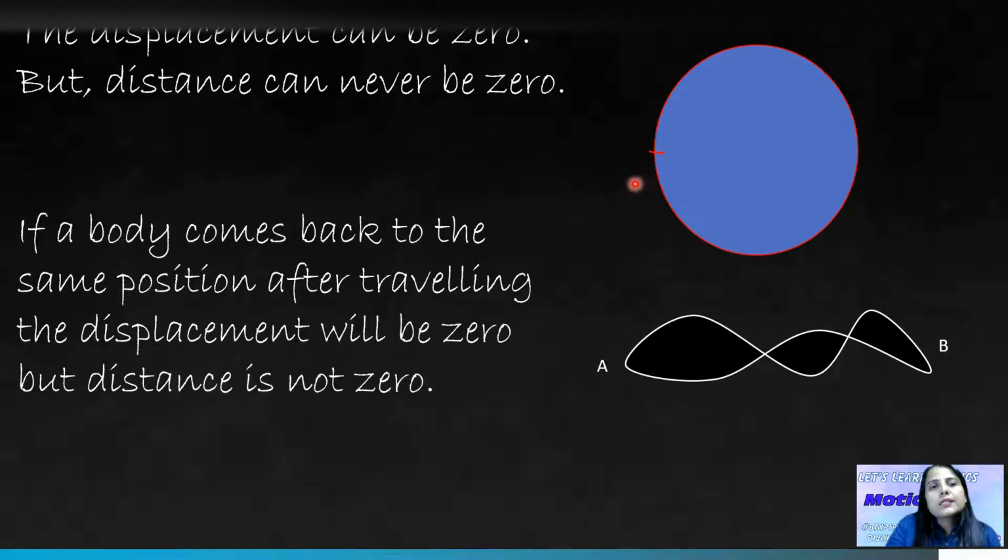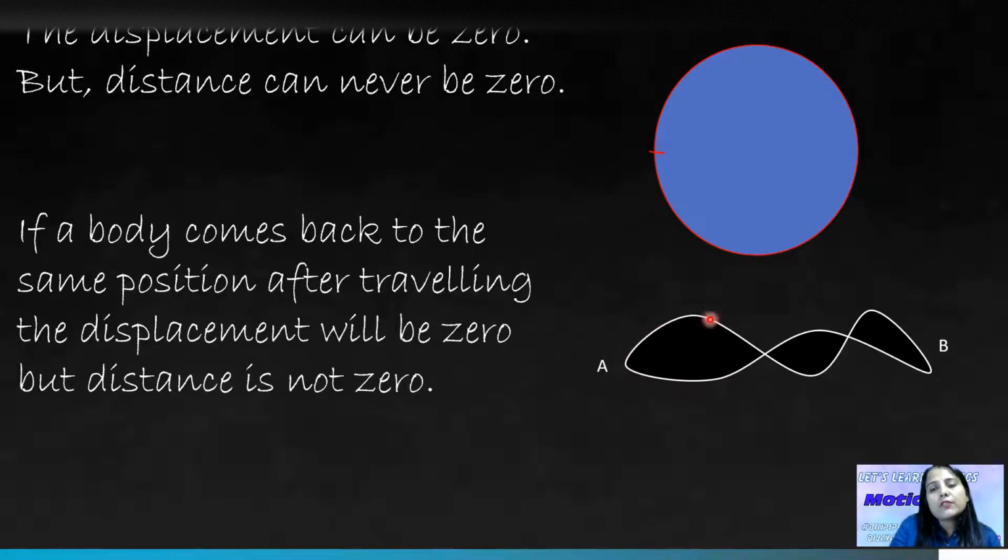But if you consider the distance covered on this path, it is nothing but the circumference of the circle, that is 2 into pi into the radius. So here is the difference. The distance can never be 0, whereas displacement can be 0. Now, if the body comes back to the same position after traveling, the displacement will be 0.